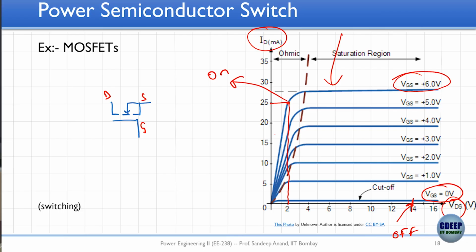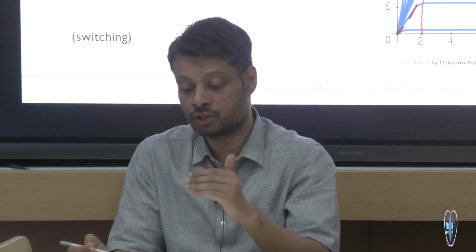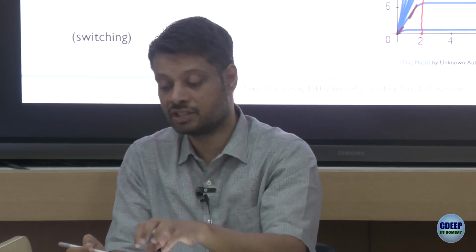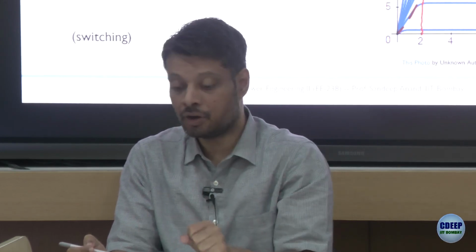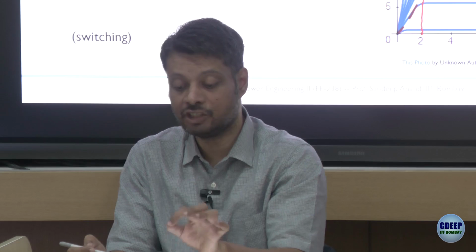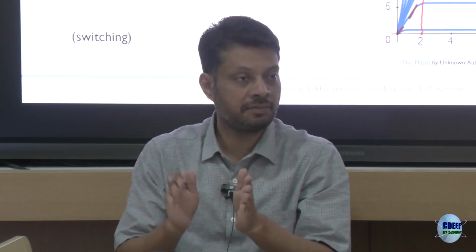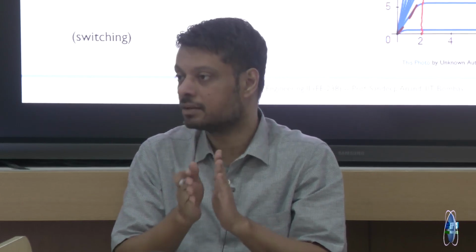If you remember the previous circuit where we were talking about linear regulators, and this was a question some of you asked, at that time we were operating somewhere in this region, shown by the bigger circle, because the switch was acting as a current source in the saturation region. Now we are operating it either in the ohmic region or in the off region. That's another difference between linear and switching regulators.